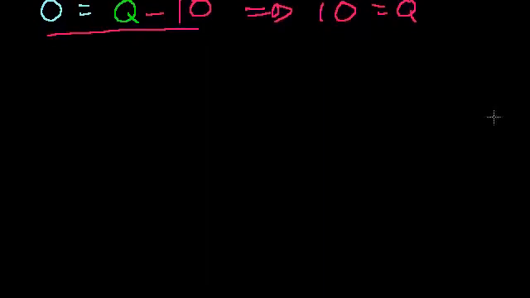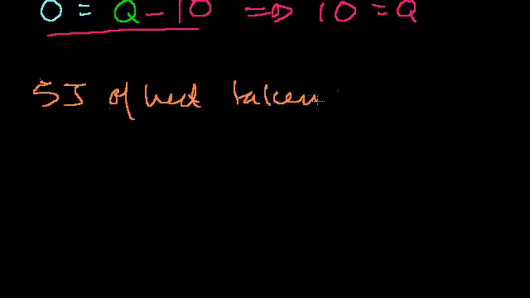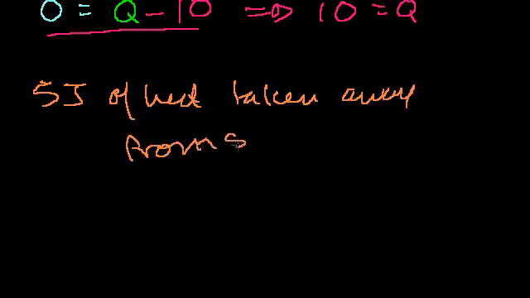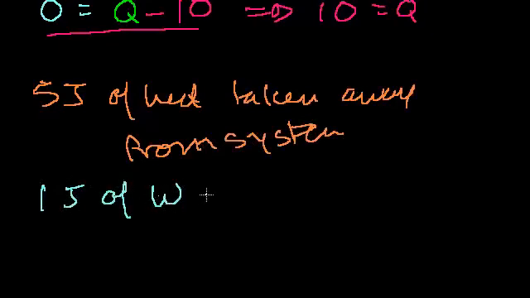Let's do one more. Let's say that 5 joules of heat is taken away from the system, and let's say that 1 joule of work is done on the system. So maybe we're compressing the balloon.